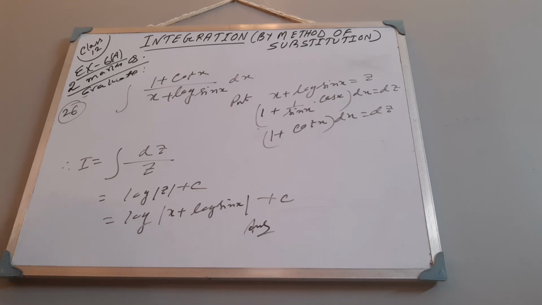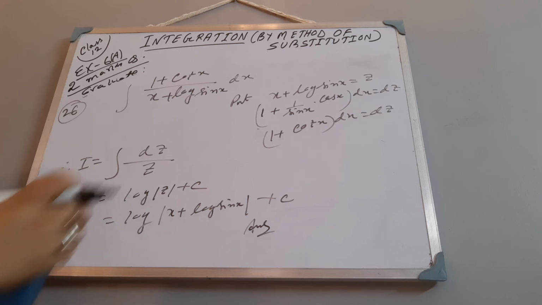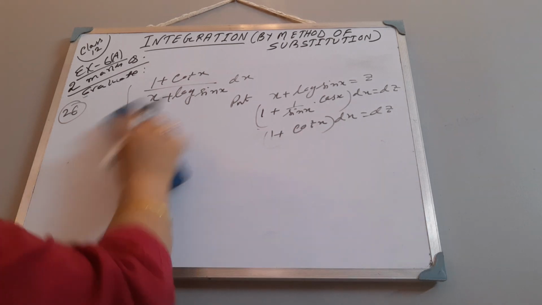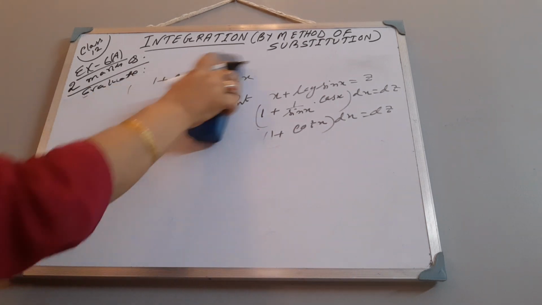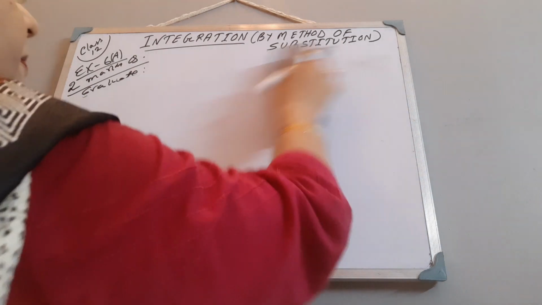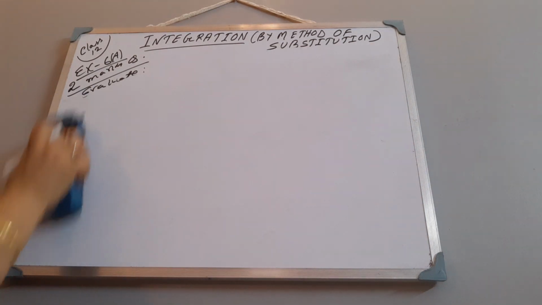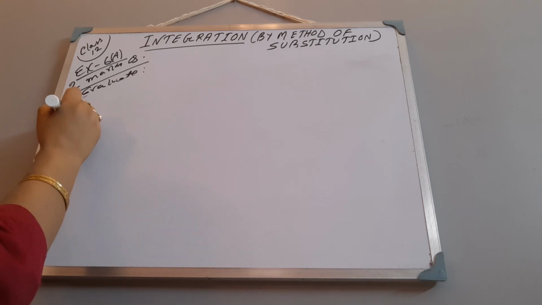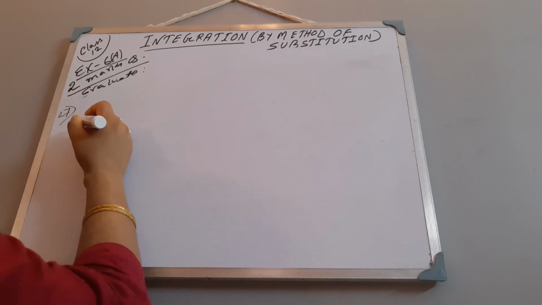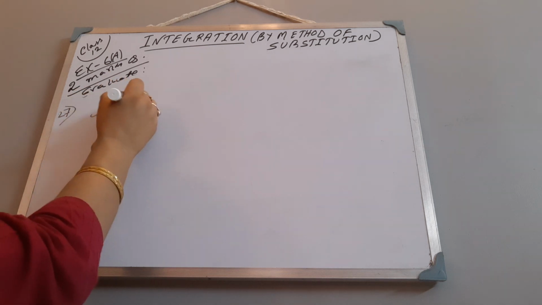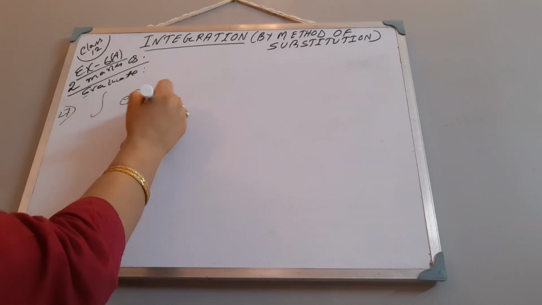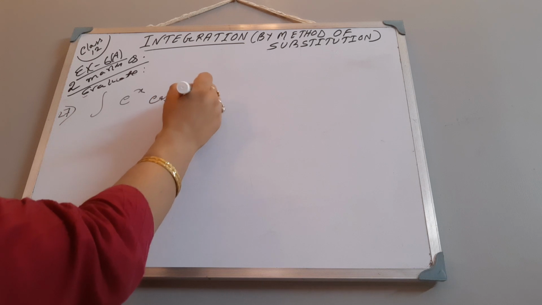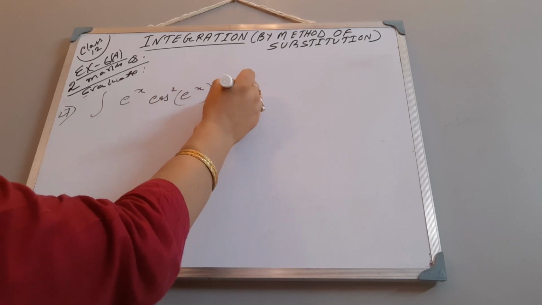Next, sum number 27. Integral of e to the power x cos square (e to the power x) dx.